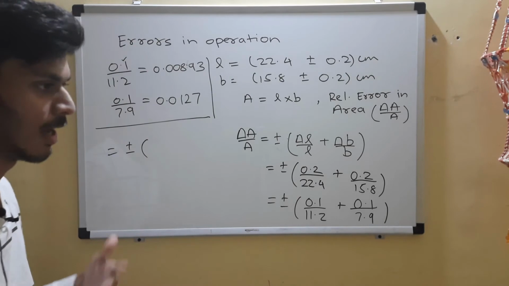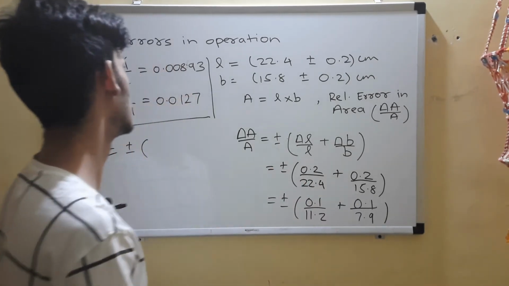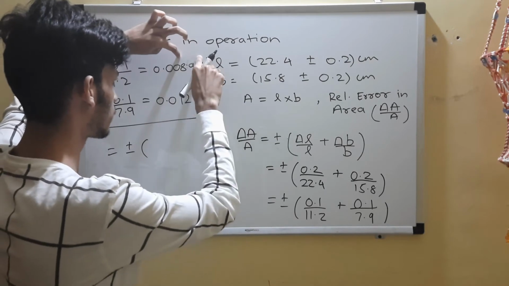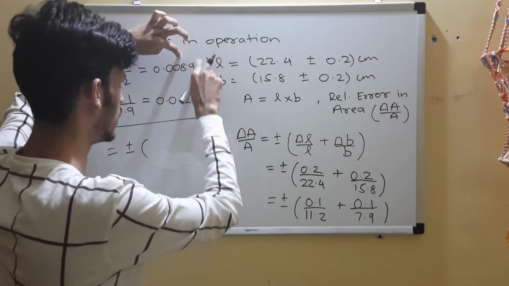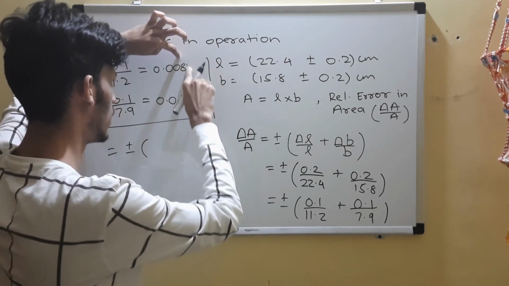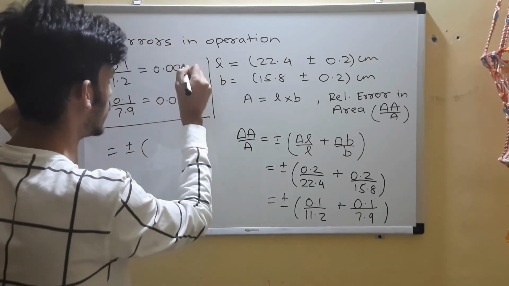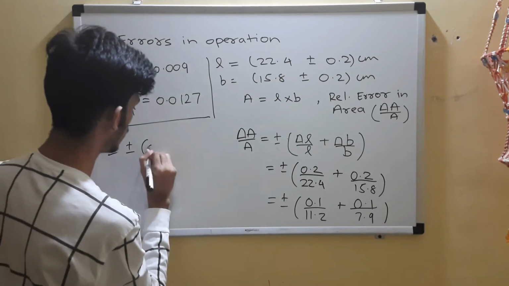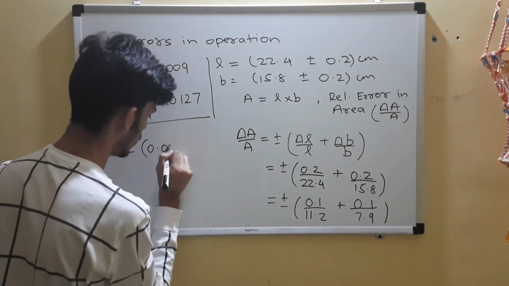Those who are filling in the blank, go and check out the previous lecture. One significant figure, so you drop this 3. Drop this 9 as well, so this rounds off, and since you dropped 9, add 1 to the previous one. So it gives us 0.009.